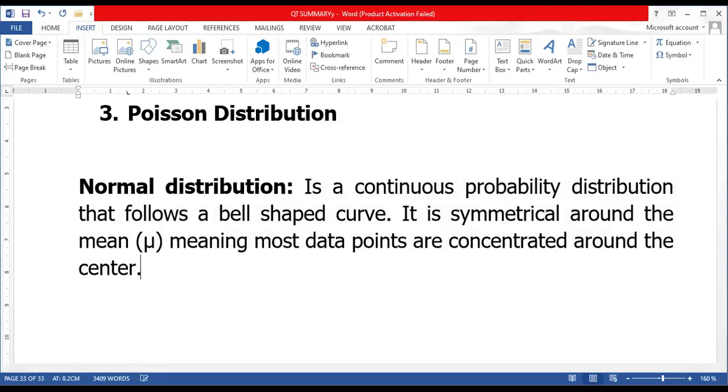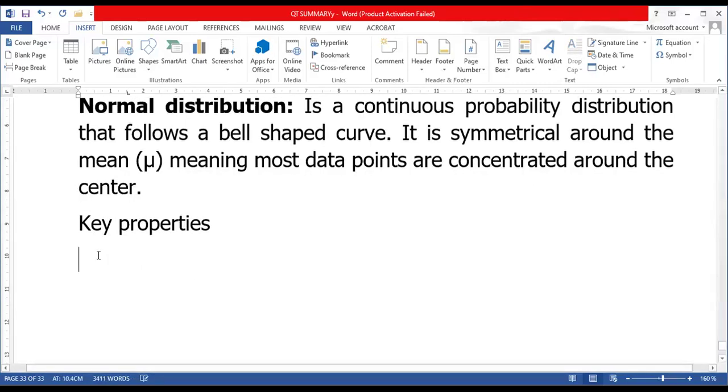But we need to also know the key properties of this. If they ask you to give some characteristics, features or properties of this normal distribution, can you list them?